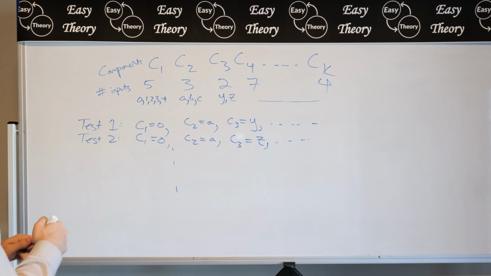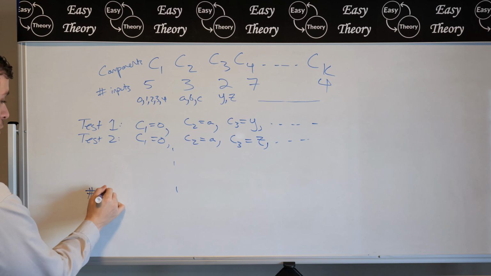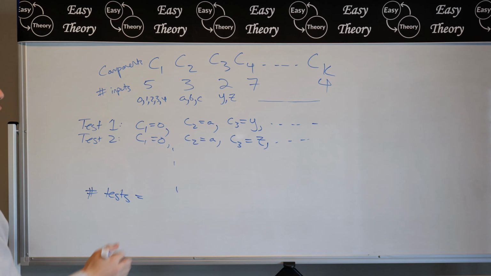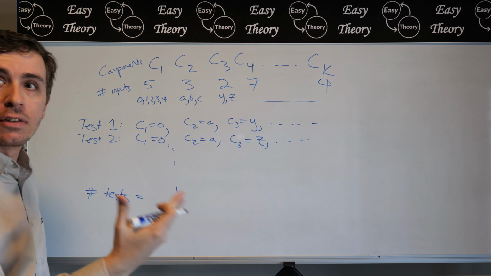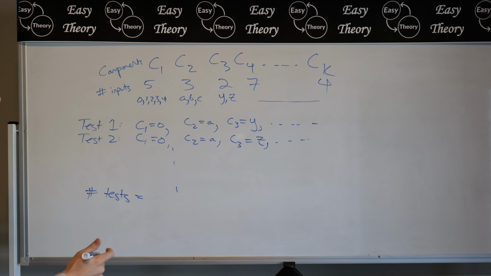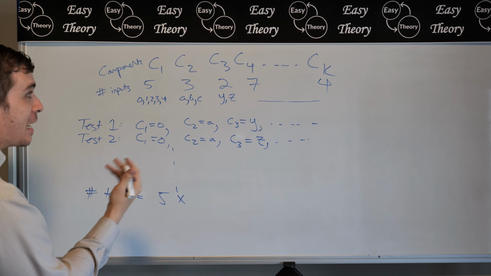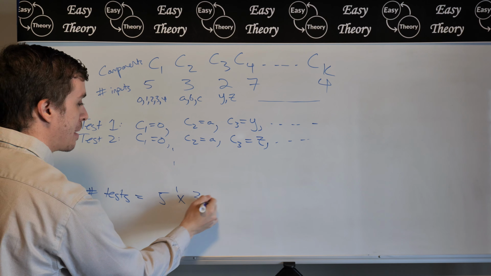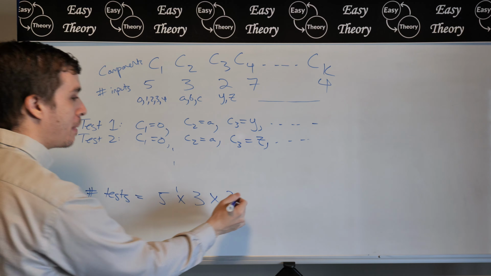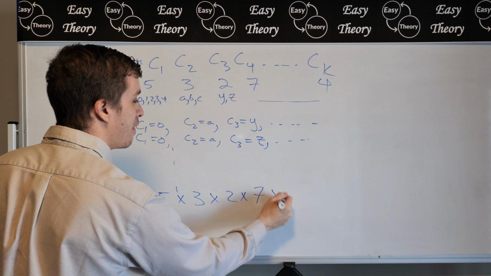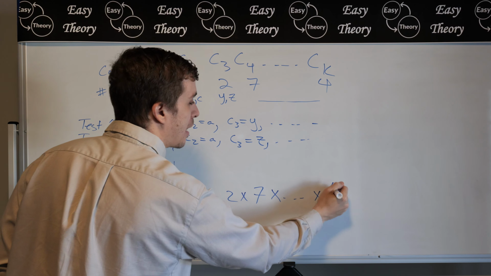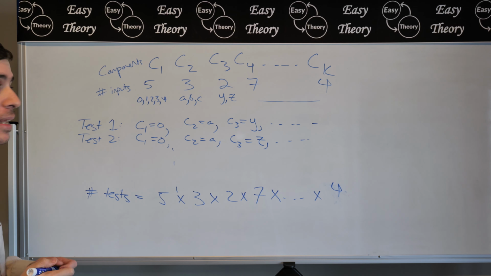So if we think about the number of tests that we would need here, if we just exhaustively test every single combination, we will have that C1 has 5 possibilities, and independently C2 has 3 possibilities, and C3 has 2 possibilities, C4 has 7 possibilities, and eventually the last one has 4 because that's the number that it has.